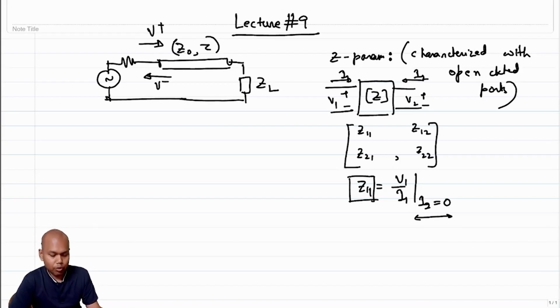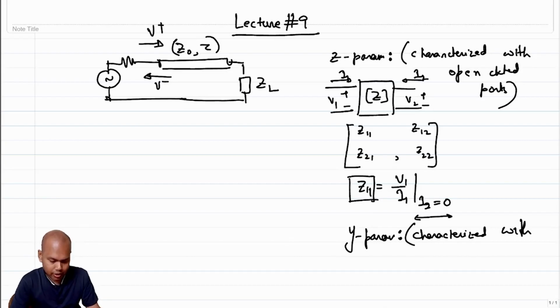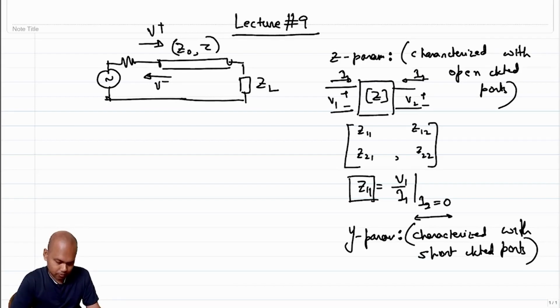So similarly, when you do Y parameters, these are characterized with short circuited ports, right? In Y parameters, you have Y11, Y12, Y21, Y22.